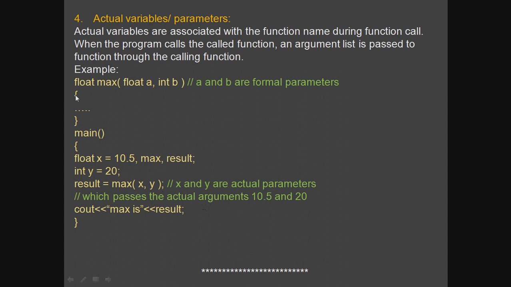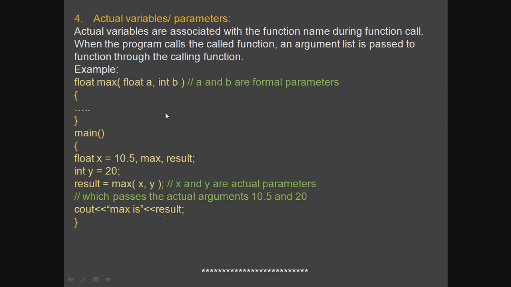Clear? And since this function definition returns a value back, because the return type is float, that means this function returns a float value, so that will be returned back to the calling function and stored in the variable result, and then cout will display the value stored in the variable result of float type. Clear?